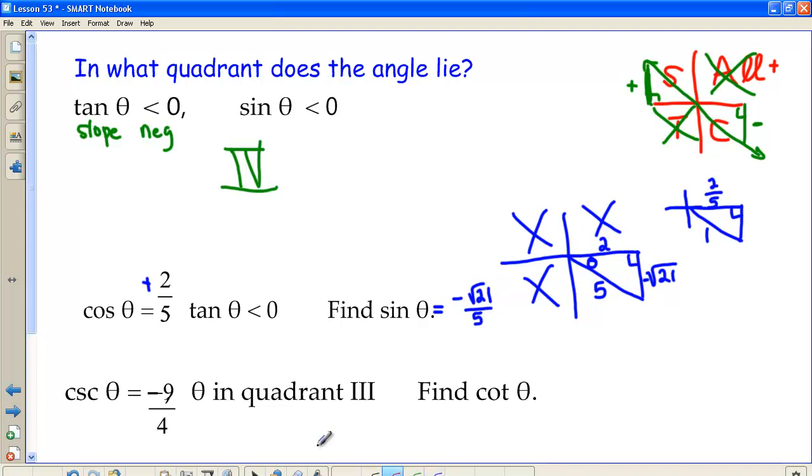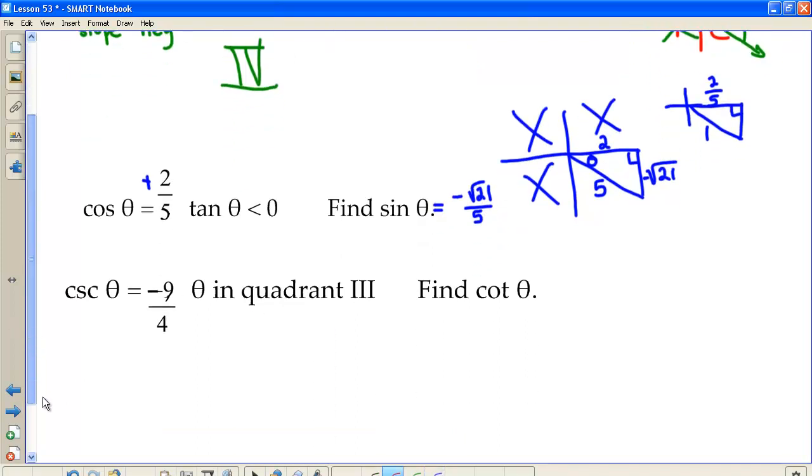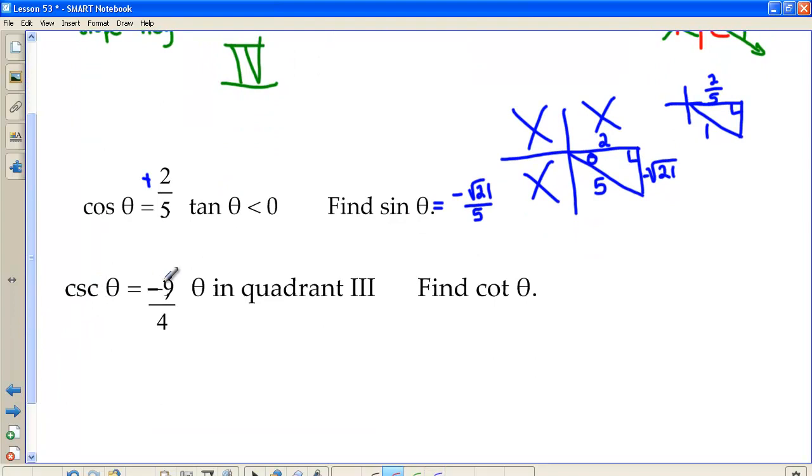All right, let's try this one. My cosecant is negative, which also tells me that my sine would be negative because all I do is take the reciprocal. And I should locate myself then in quadrant 3.